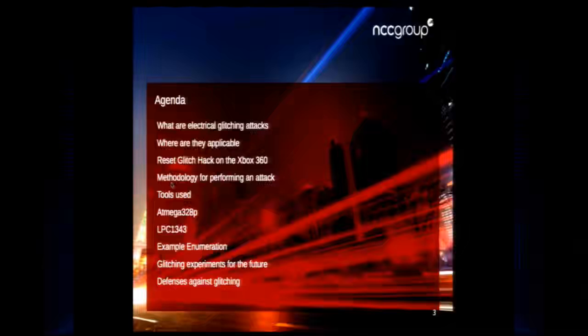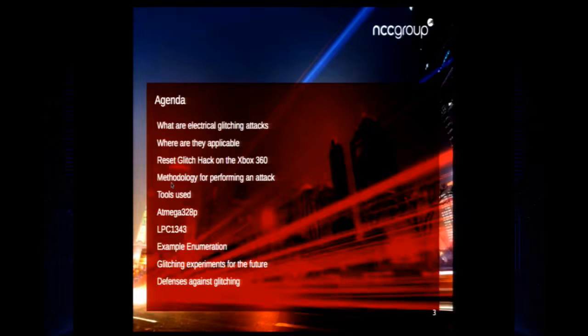For today, we're going to be going over these topics. I'm going to start off by going over at a very high level what electrical glitching attacks are and where they can be used. Then I'm going to quickly go over the reset glitch hack on the Xbox 360. From this attack, we're going to develop a methodology to use on more generalized devices, as we will see up ahead.